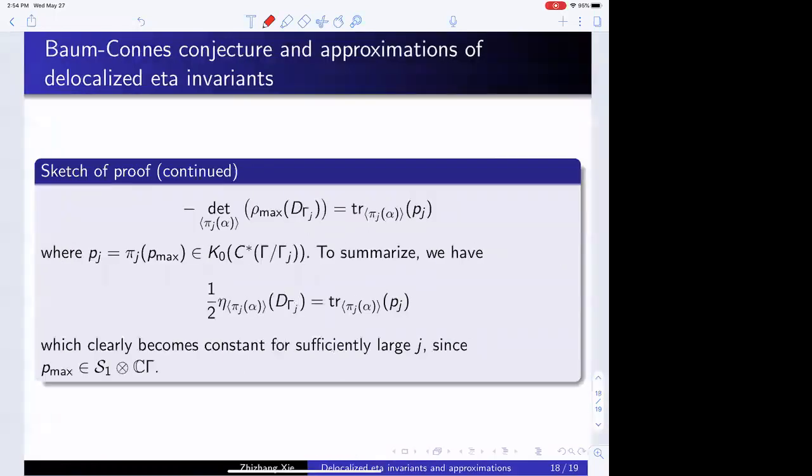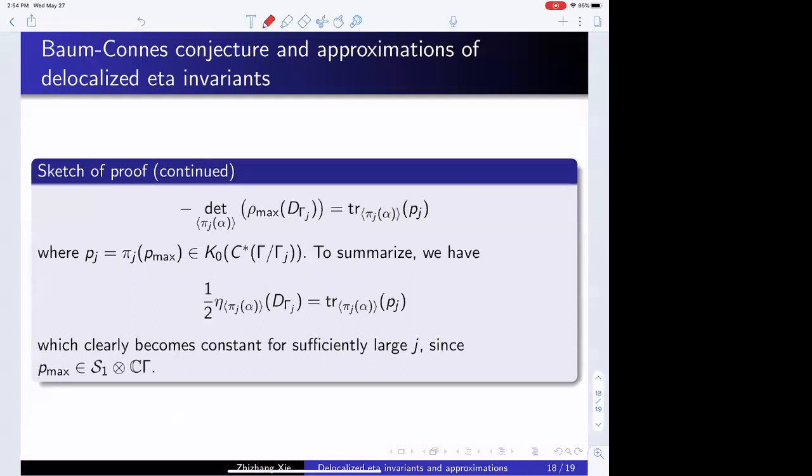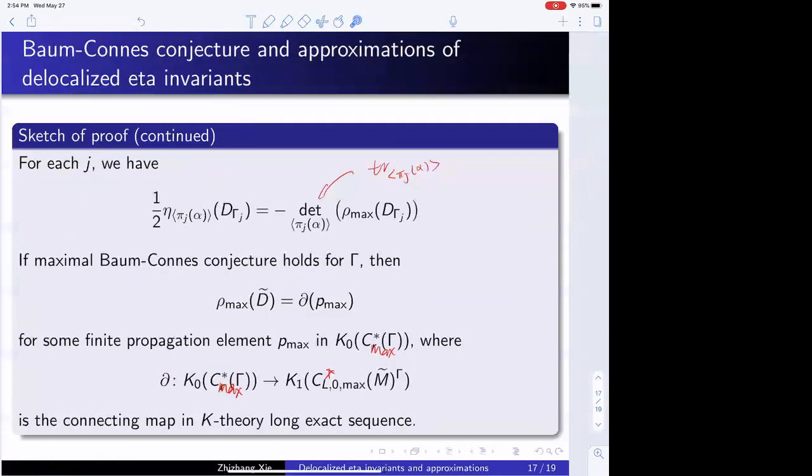All right, we're almost there. Here's the end of the sketch of the proof. It turns out this boundary map, let me write it down again.